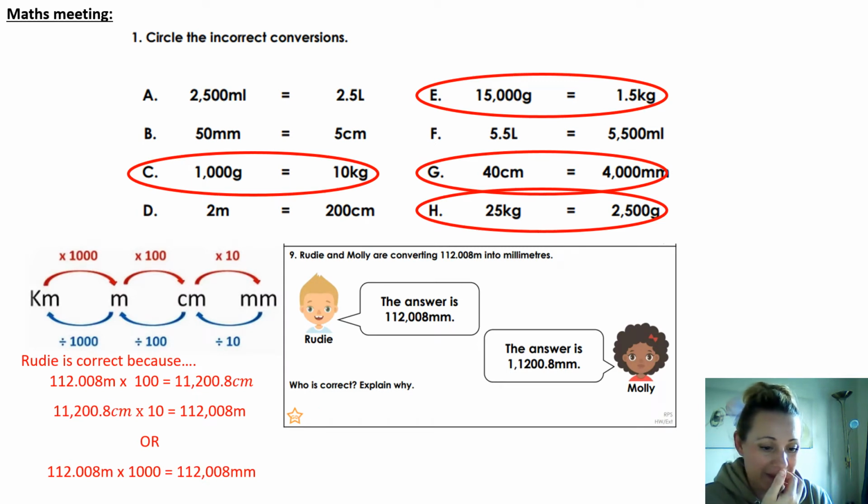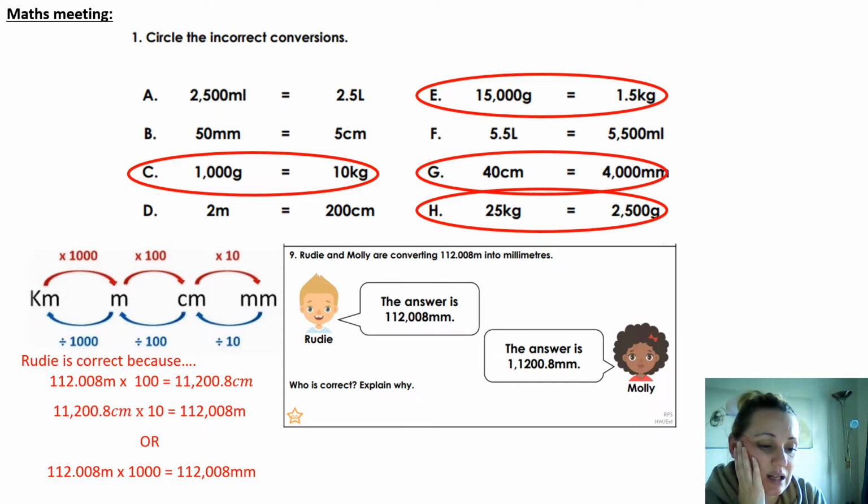Okay, so the incorrect ones on there then, well, if we work our way through, A is correct because 2,000 millilitres is the same as 2 litres, 0.5, and then 50 millimetres is the same as 5 centimetres. 1,000 grams is the same as 1 kilogram, so that one's incorrect. 2 metres is 200 centimetres. 15,000 grams is not the same as 1.5 kilograms.